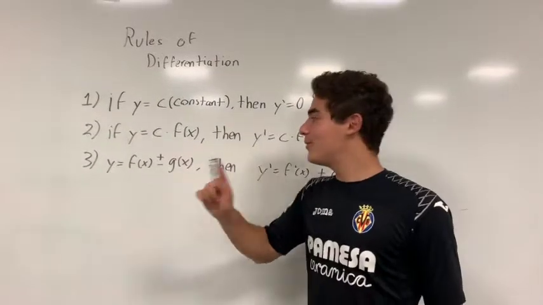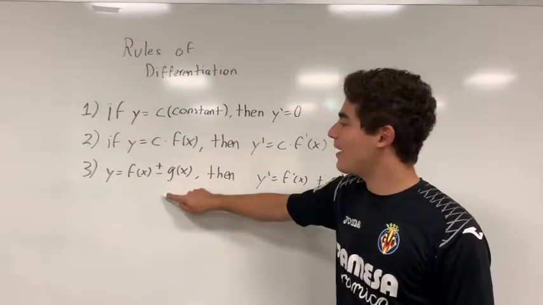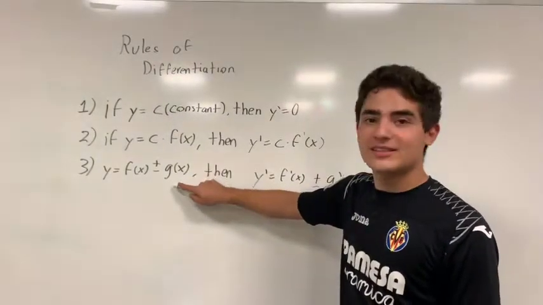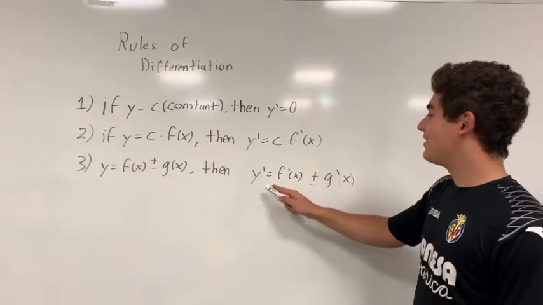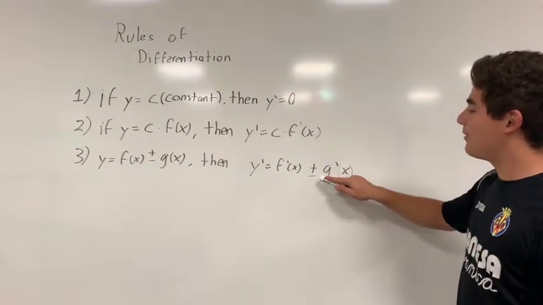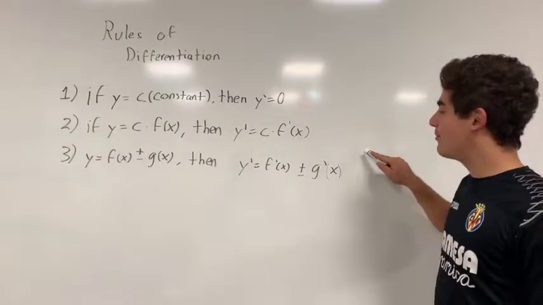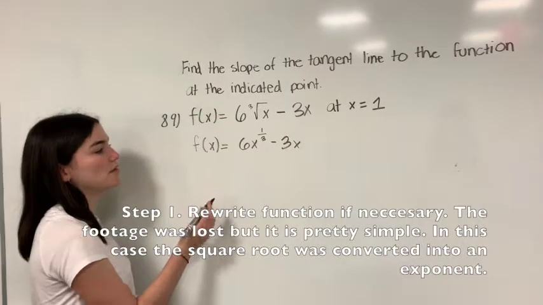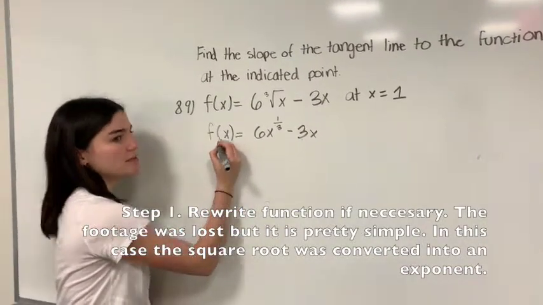And the last rule is when y equals f of x plus or minus another function, in this case g of x, then y prime equals f prime of x plus or minus g prime of x. So now that the function is properly written, we can differentiate.